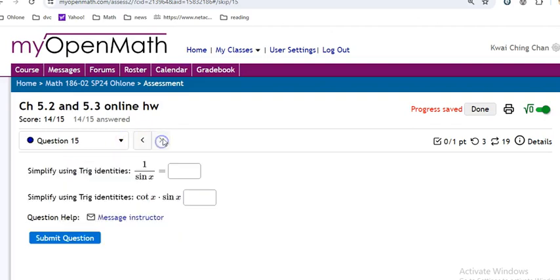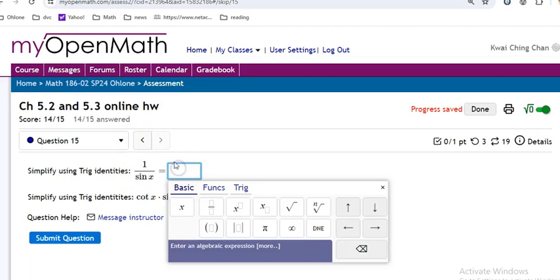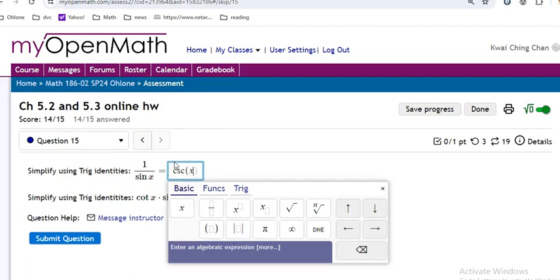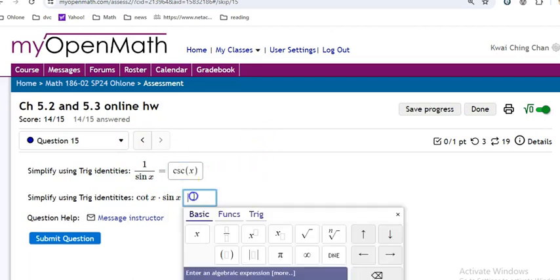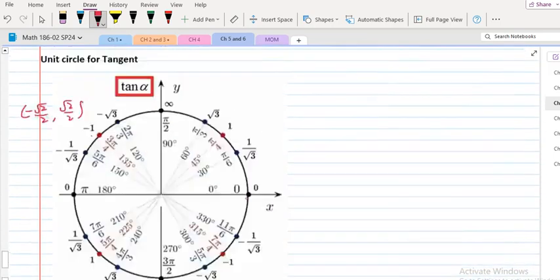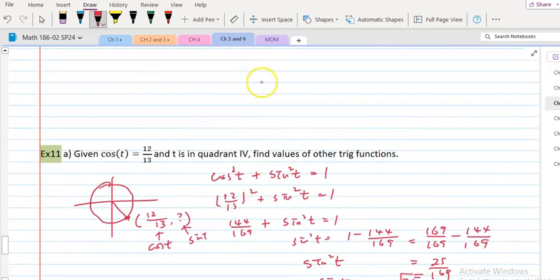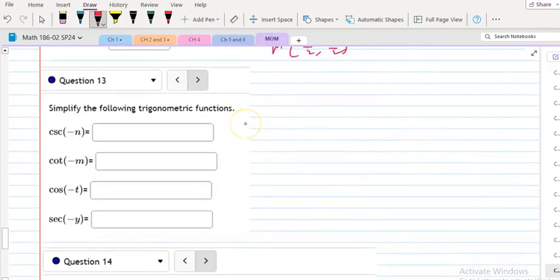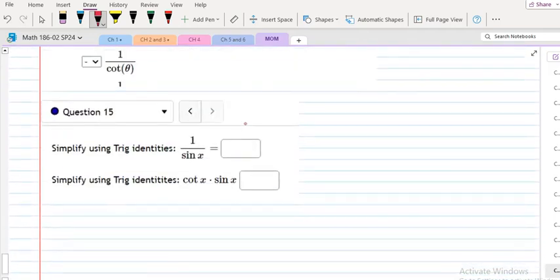Yes. Okay, 15, simplify. 1 over sine is cosecant because they are reciprocals of each other. What about cotangent times sine? Let's go back to the notes. Okay, we did this. Cotangent times sine.